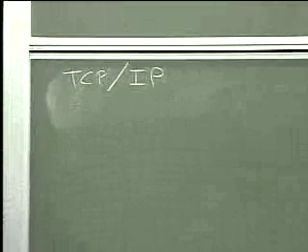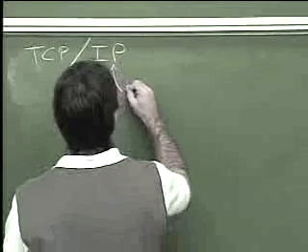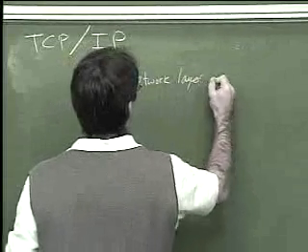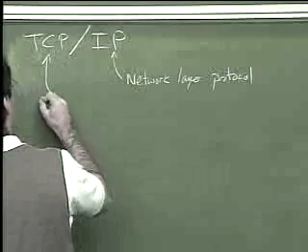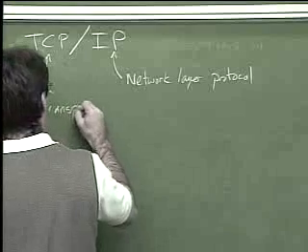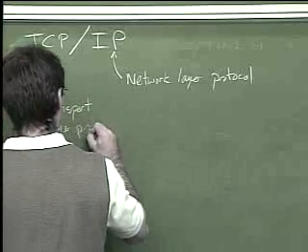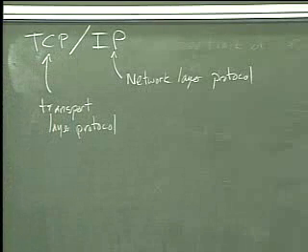Who's heard of TCP/IP? Just out of curiosity. Okay. IP, this is the network layer protocol. And TCP is the most frequently used transport layer protocol. They're used so frequently together, it's often just referred to as TCP/IP.